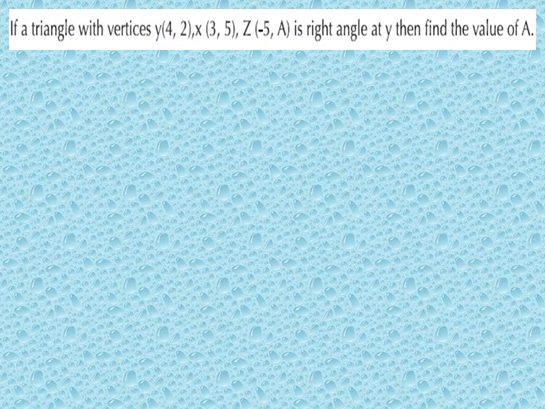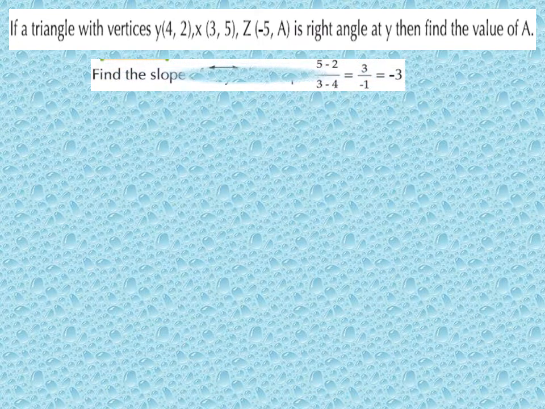Example, if a triangle with vertices Y (4, 2), X (3, 5), Z (-5, a) is right angled at Y, then find the value of a. Solution, first find the slope of straight line XY.